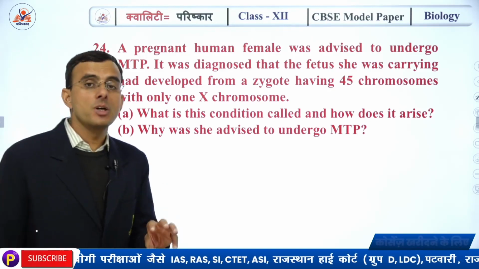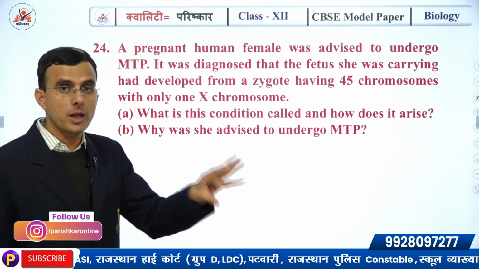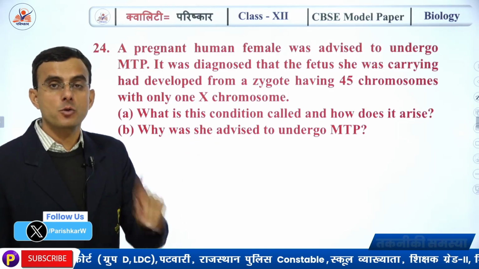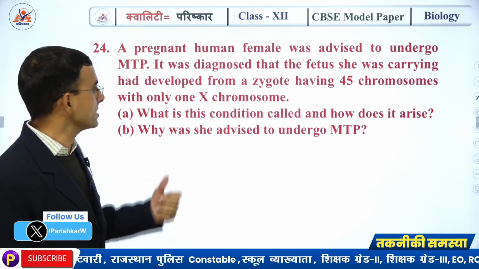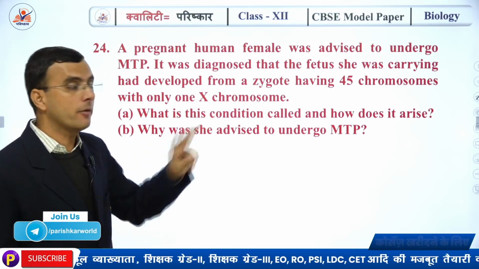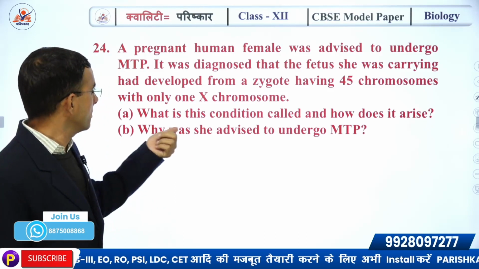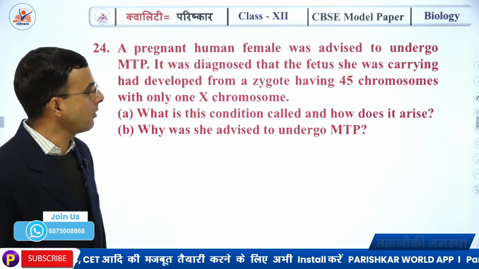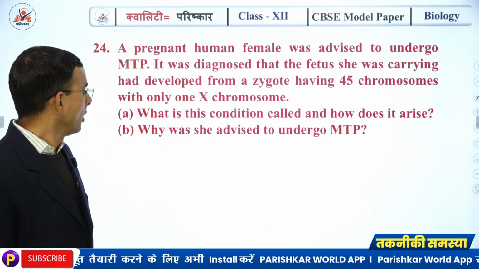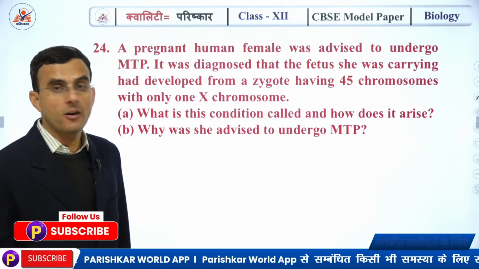A human diploid cell has 46 chromosomes, but this zygote has 45. One chromosome is less, and it has only 1 X chromosome. What is this condition called, and how does it arise? Why was she advised medical termination of pregnancy?